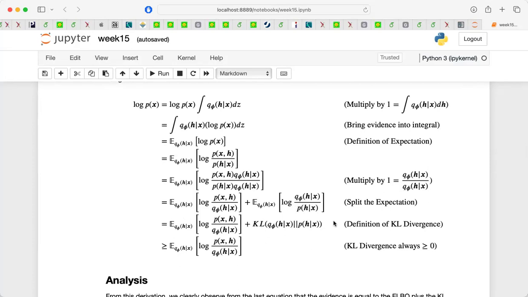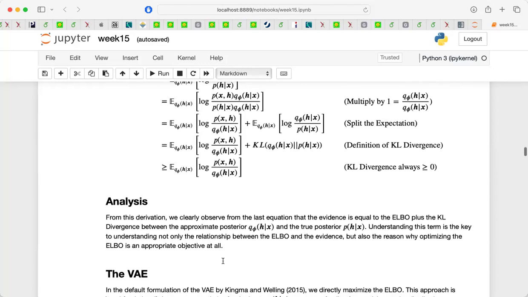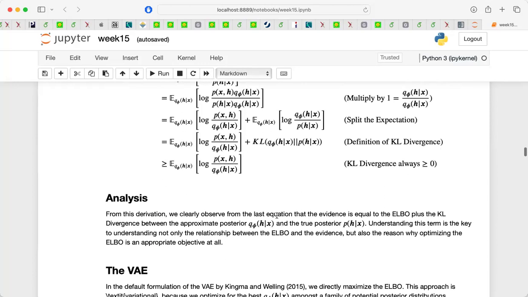And since this quantity here is larger or equal to 0, then we end up with an expression for this quantity, which is the one we want to optimize at the end. So from this derivation, we observe that the log evidence, as we call it, is equal to this estimated lower bound plus the KL divergence.